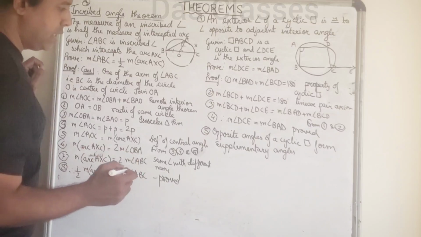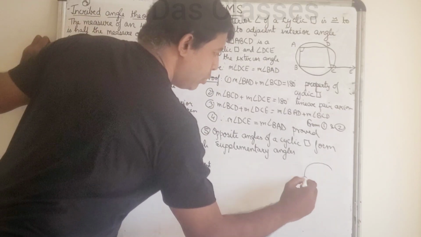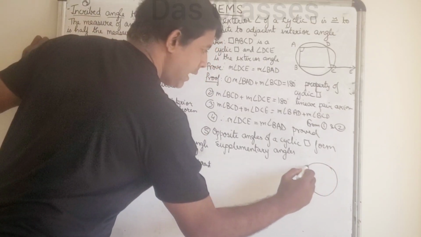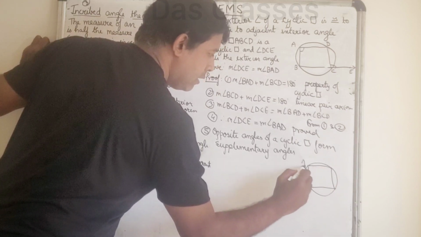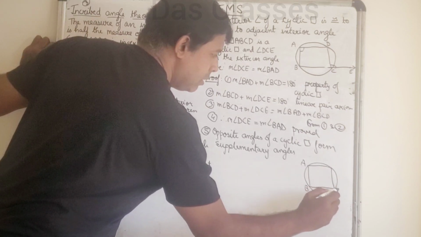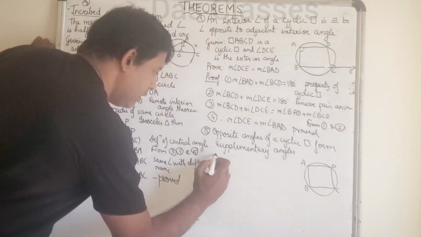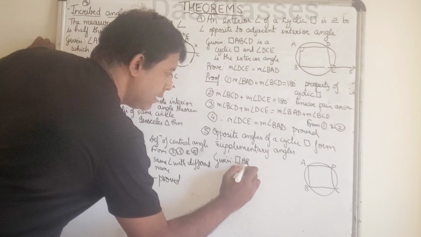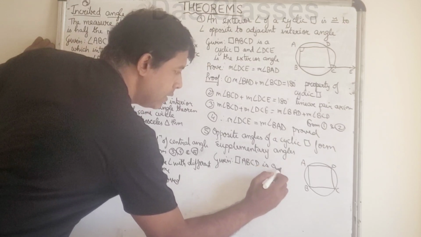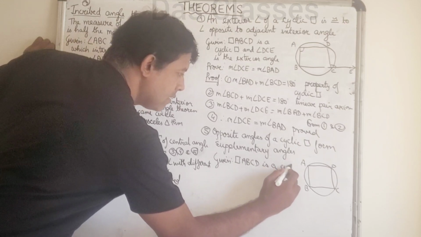So again, let's draw the diagram. So the diagram is going to be something like this. There is this cyclic quadrilateral, meaning all its vertices are on the circle. So given thing is quadrilateral ABCD is a cyclic quadrilateral.